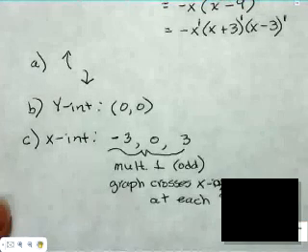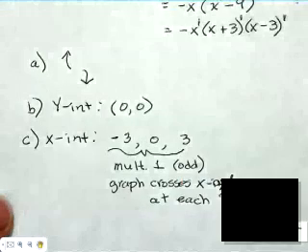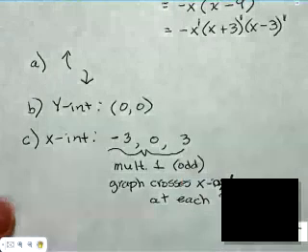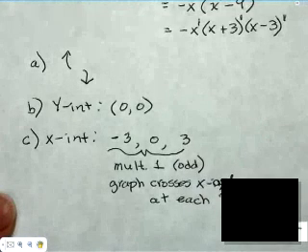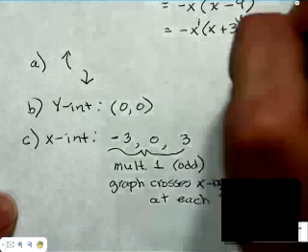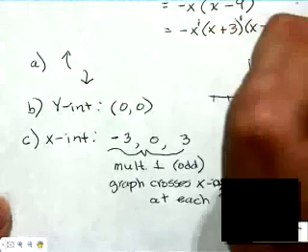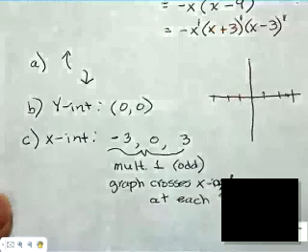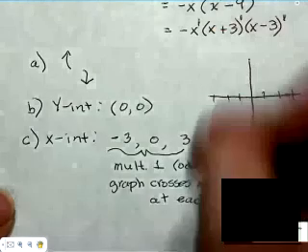That's supposed to be is, not plural. That's all we need to get a pretty darn good sketch of this graph. The y-intercept is the origin.